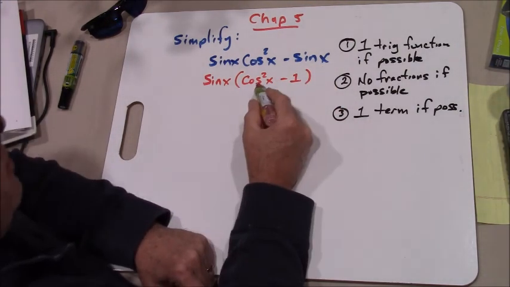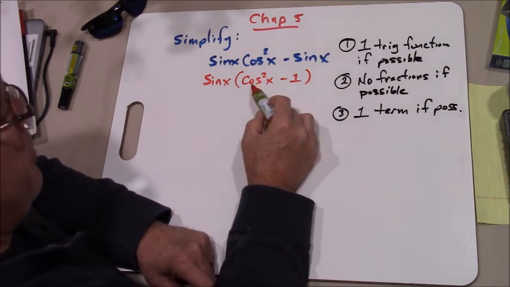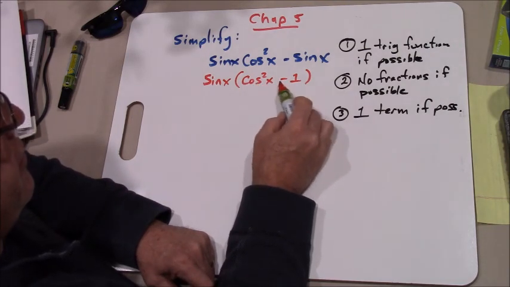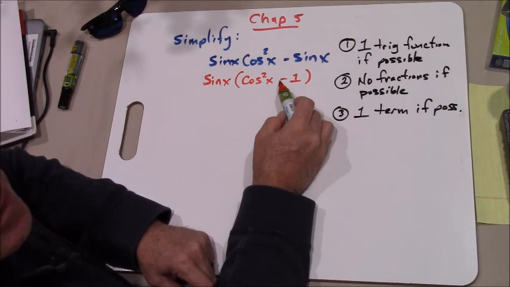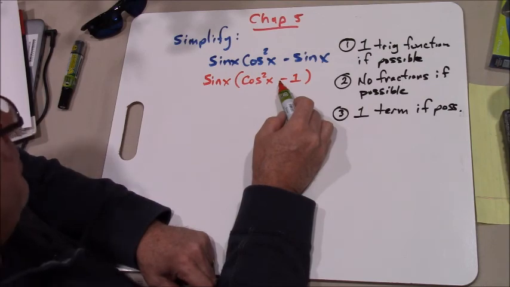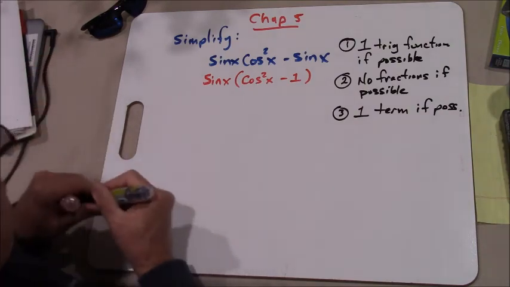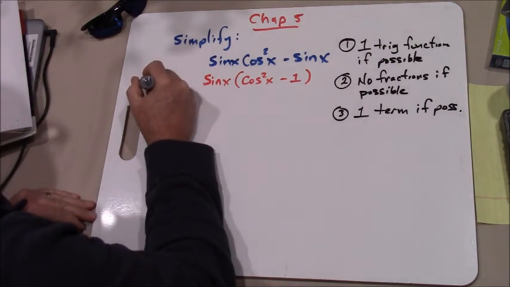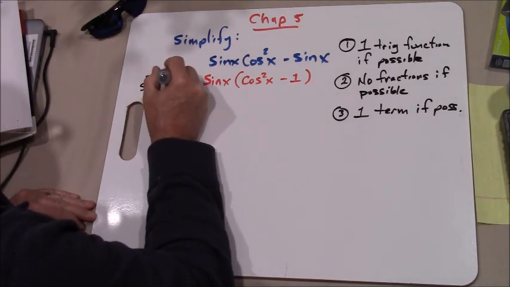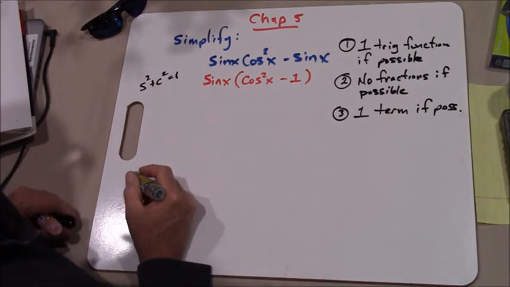And now when I look at this, this kind of makes me think of a Pythagorean identity. And so remember our chicken scratch? We got to think back a ways for this. But we would say sine squared plus cosine squared equals 1.